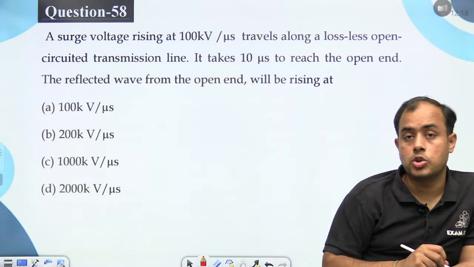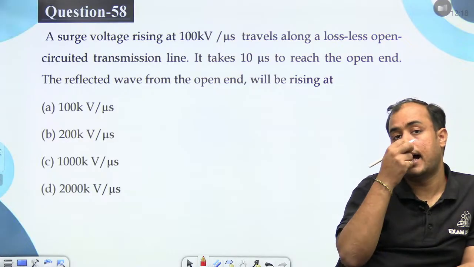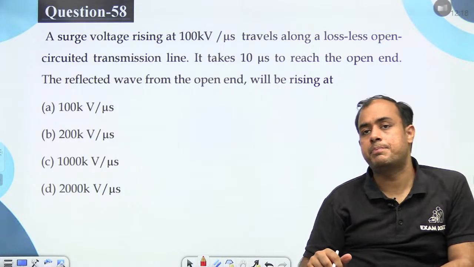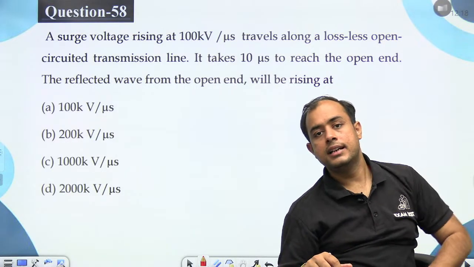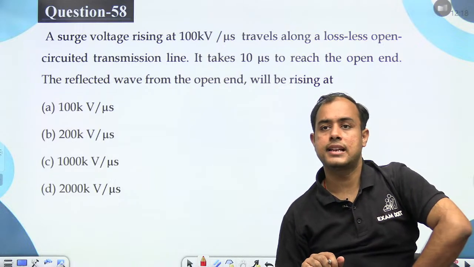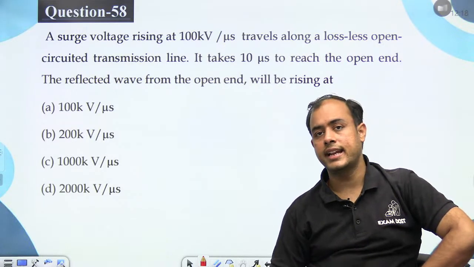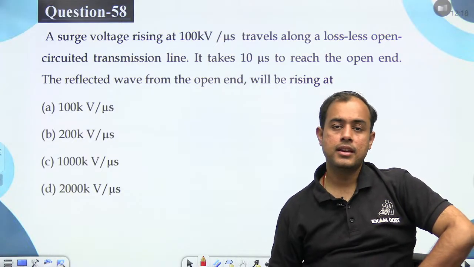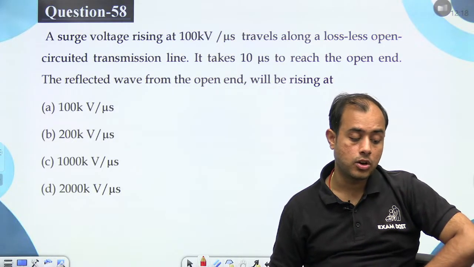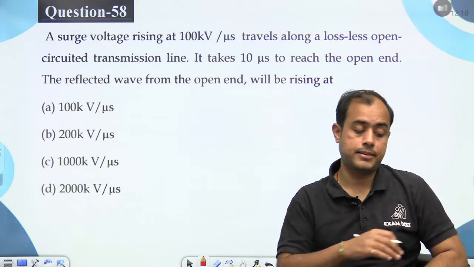ESE 2002, a surge voltage rising at 100 kV per microsecond travels along a lossless open circuited line. Takes 10 microseconds to reach the open end. The reflected wave from the open end will be rising at.